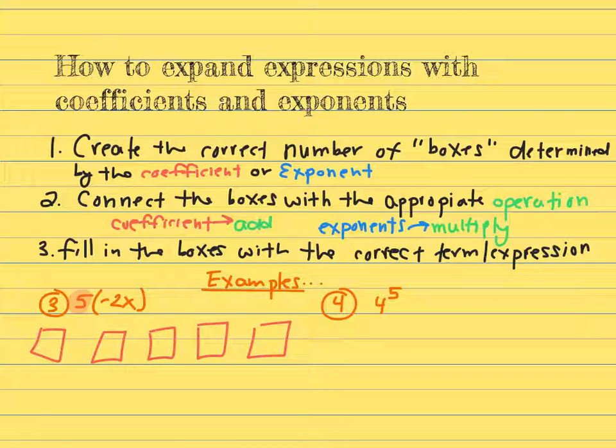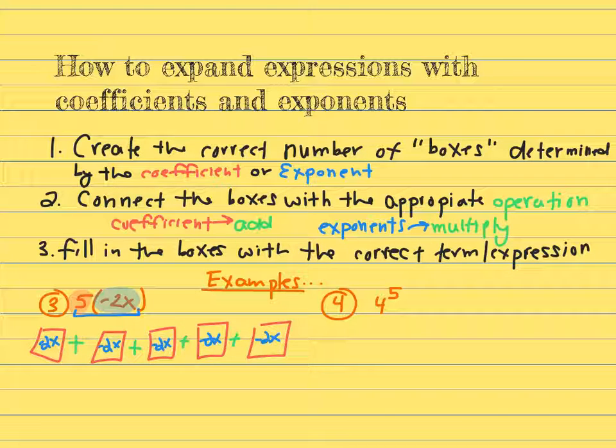Now, because it's a coefficient, we are going to add those boxes together because coefficients mean repeated addition. So then what am I putting inside every box? The thing I'm putting in every box is what comes after the coefficient, which in this case is negative 2x. So there's a negative 2x in that box, this box, this box, this box, and this box.